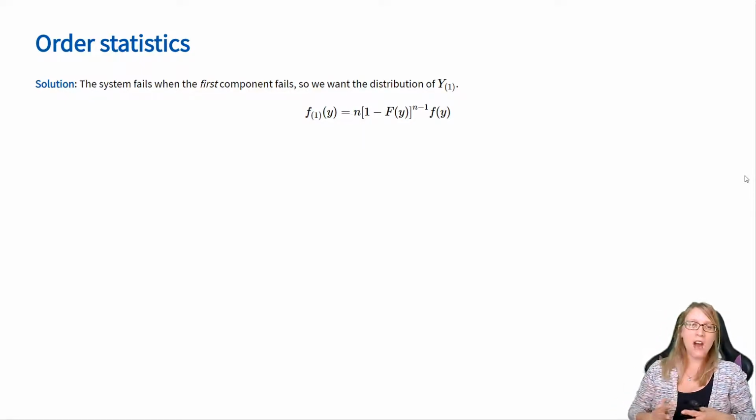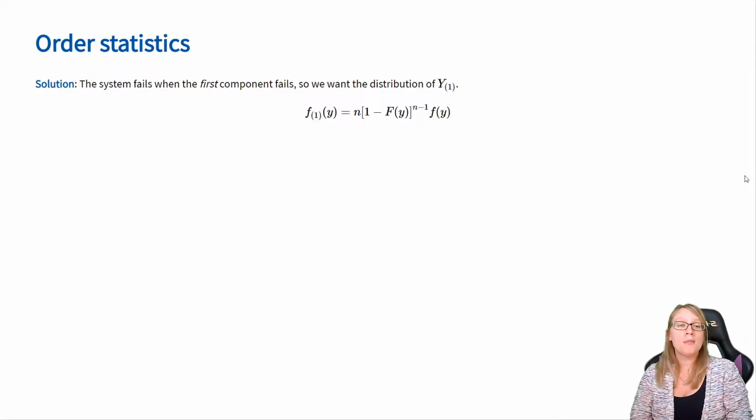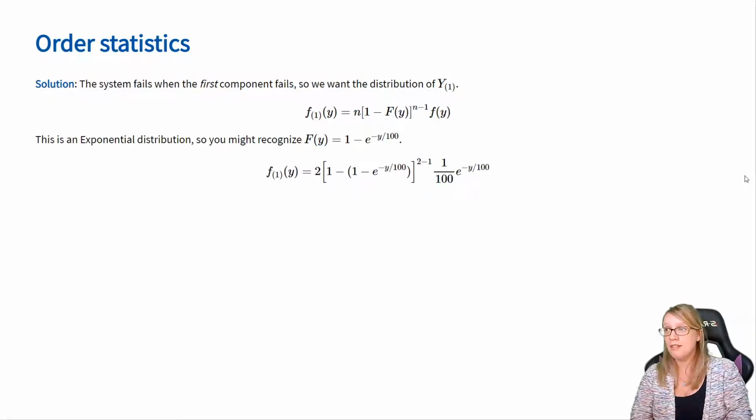Well, it turns out that the length of life of the system is really the minimum time to failure, because when one part fails, the whole system breaks down. So we're looking for the distribution of y1. So our distribution of the minimum is n times 1 minus the CDF raised to the n minus 1 power times the PDF.